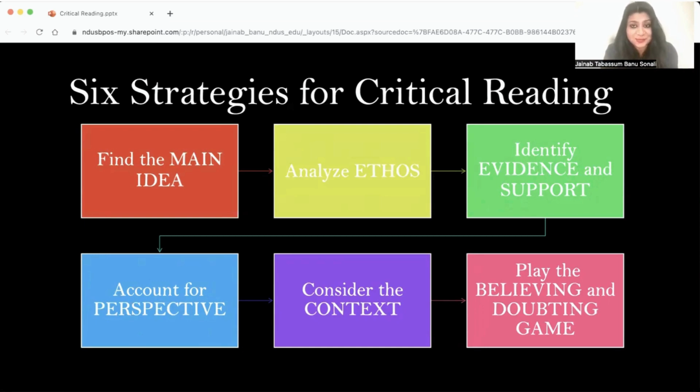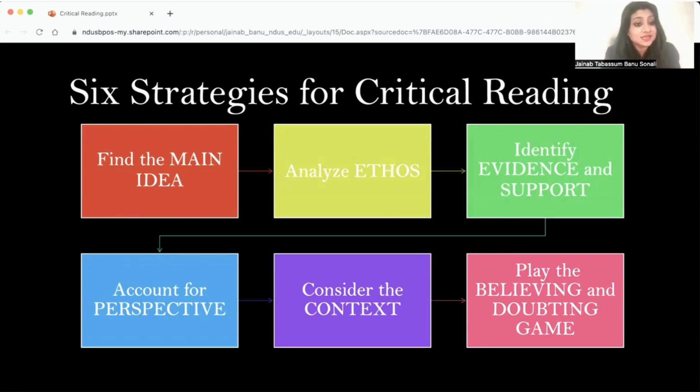Look for the sources. And then you account for perspective. It is important to understand the author's position before you start projecting your own thoughts, before you start imposing your own positionality on the text. So start understanding why the author would write this, for whom, right?